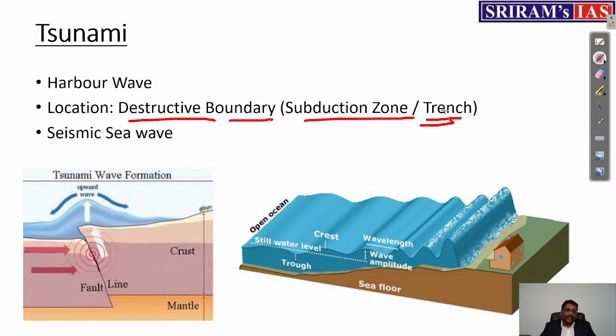You remember? Pacific Ocean, the circum-Pacific zone is known for what? Trenches. And once it is known for trenches, it is also known for what? Genesis of tsunami. Why Japan is known for tsunamis, if you ask me, Japan is surrounded by trenches. Japan Trench, Aleutian Trench, Kuril Trench, Bonin Trench, Izu Trench, Ryukyu Trench, Philippines Trench, right? Marianas Trench, so many trenches we have, right?